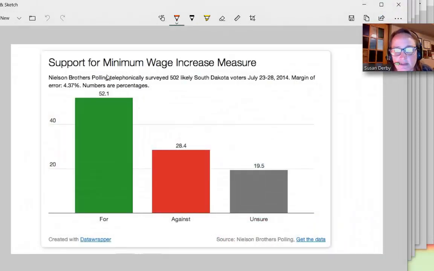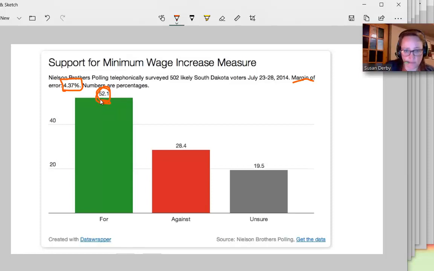Here's another example of it. This is a poll on support for minimum wage increase measures among people in South Dakota in 2014. The margin of error right here is 4.37%. The people who were for a minimum wage increase had a survey result of 52%.